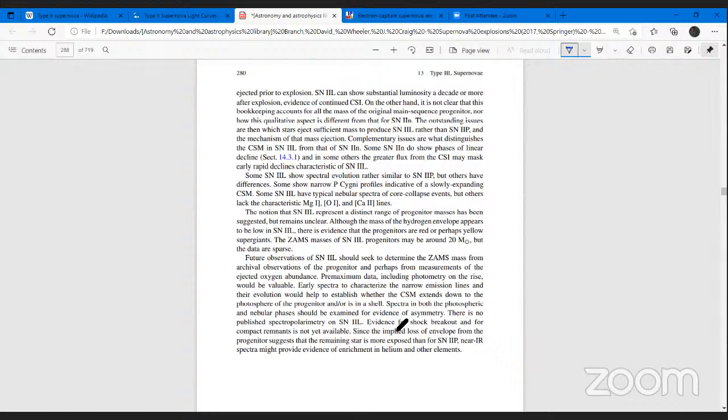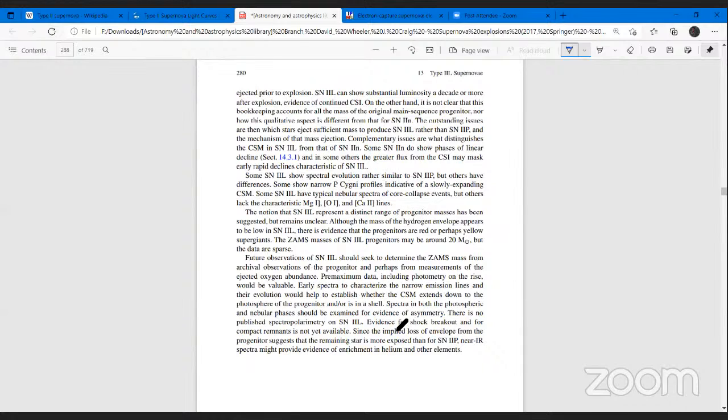Pre-maximum data including photometry on the rise would be valuable. Then early spectra to characterize the narrow emission lines, and their evolution, would help to establish whether the circumstellar matter extends down to the photosphere of the progenitor or is inertial.